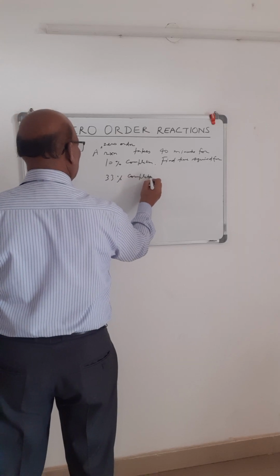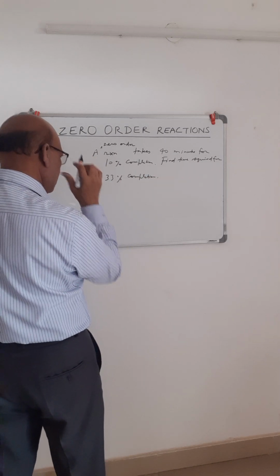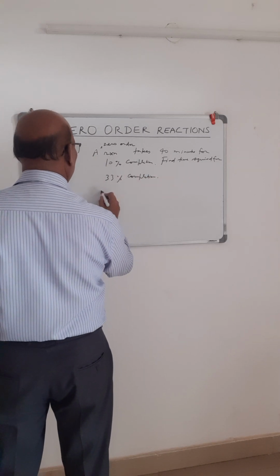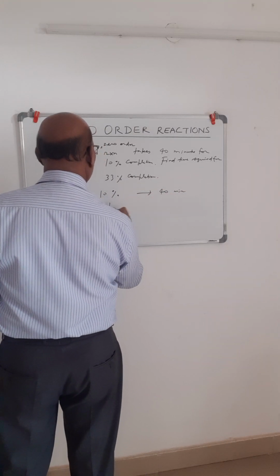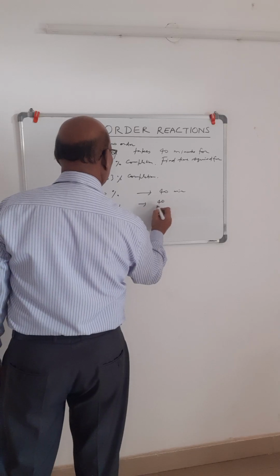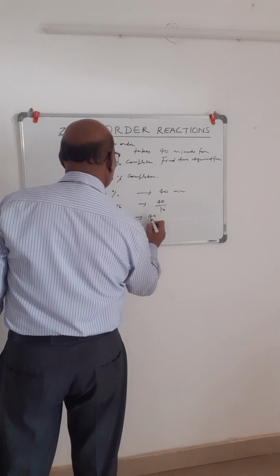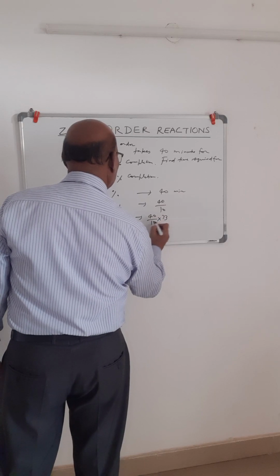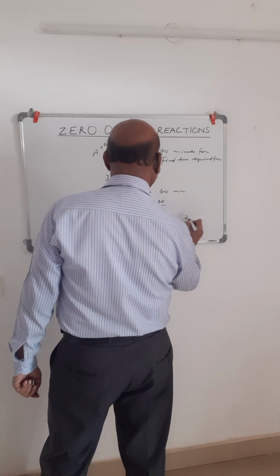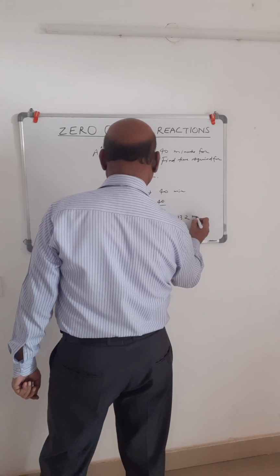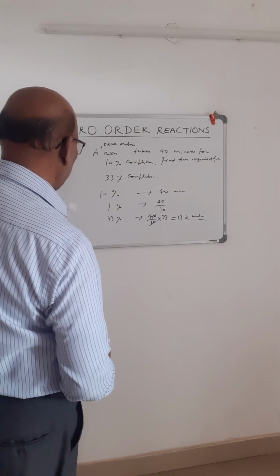So how we will do? We can do by unitary method. Just we told that for zero order reaction we can apply the unitary method. So for 10% completion it takes 40 minutes. For 1% it will take 40 divided by 10, and for 33% it will take 40 divided by 10 into 33. So it will be 132 minutes.